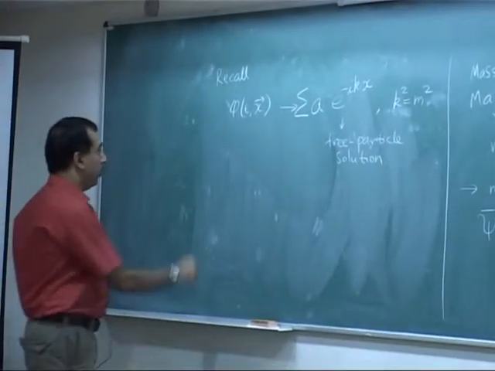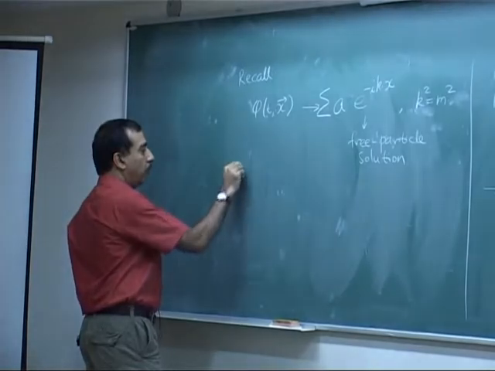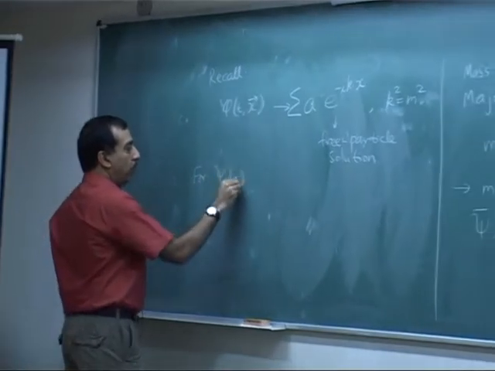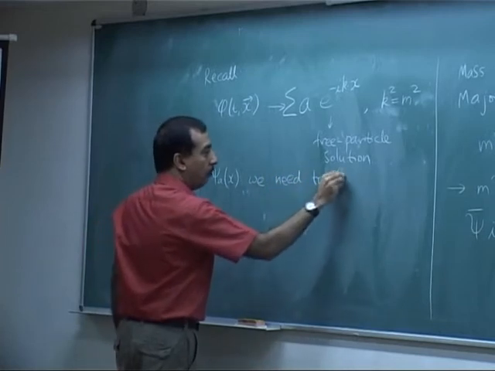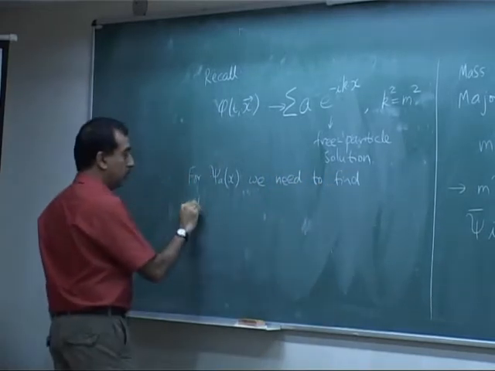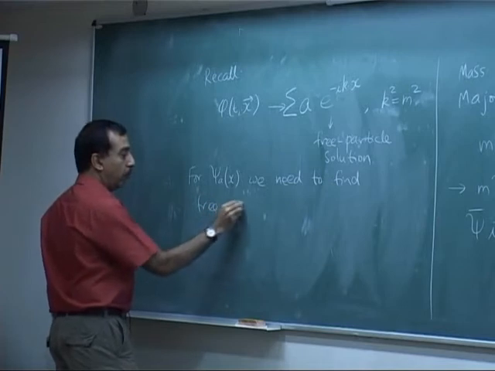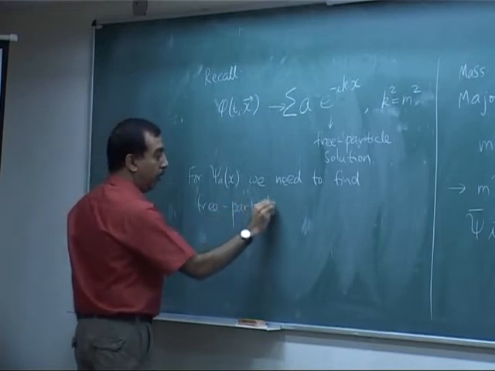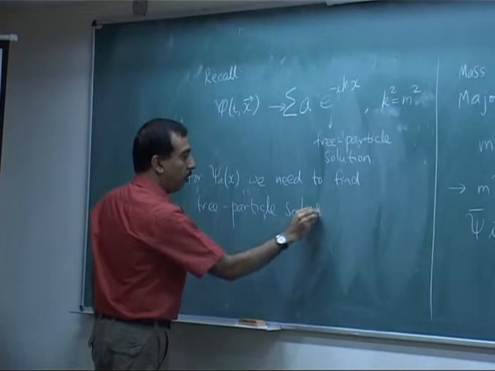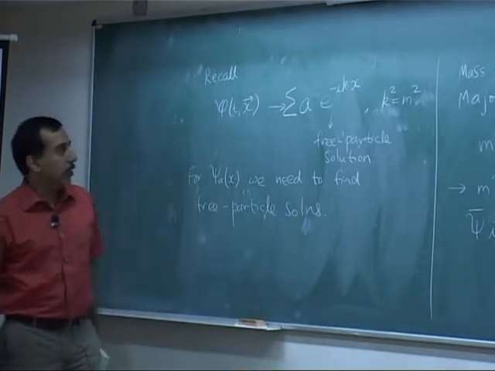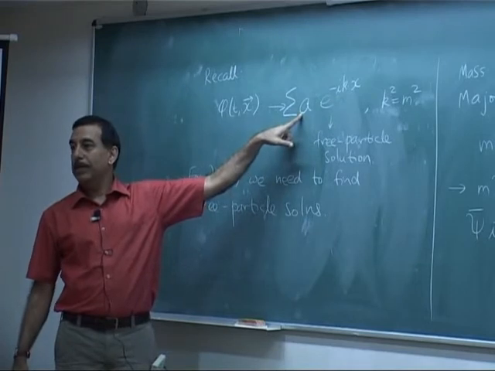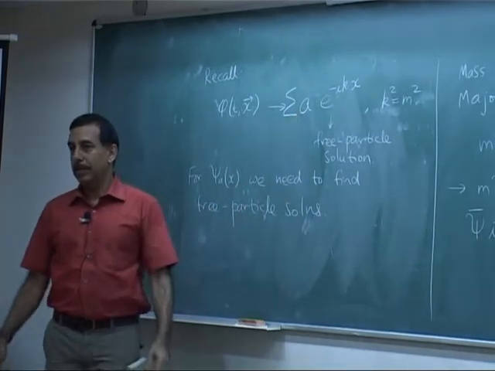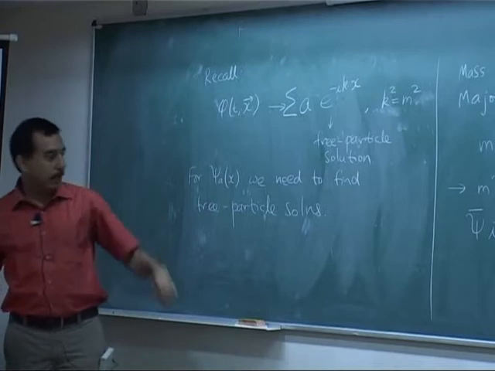So now for fermions, we need to find free particle solutions, and whatever we find, of course they are solutions of the Dirac equation, we'll put them in multiplied by oscillators, and then we'll quantize the oscillators, again by anti-commutators.